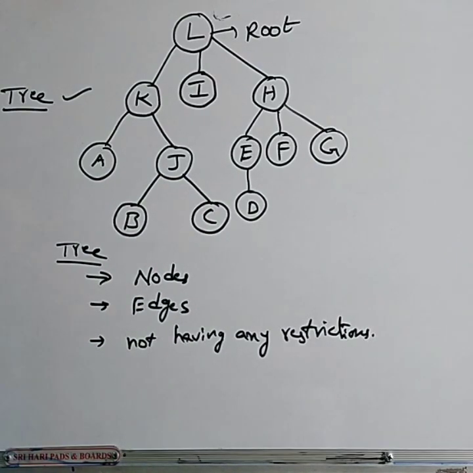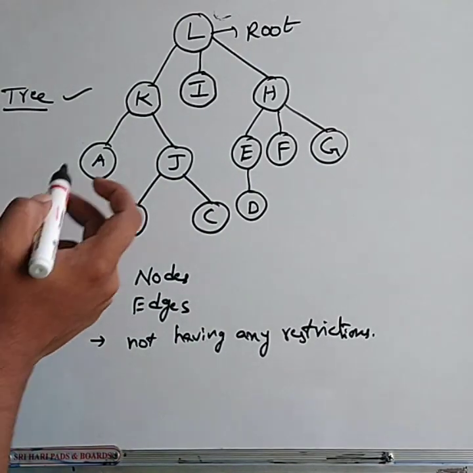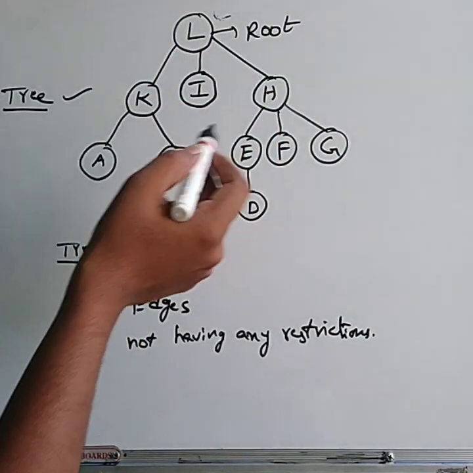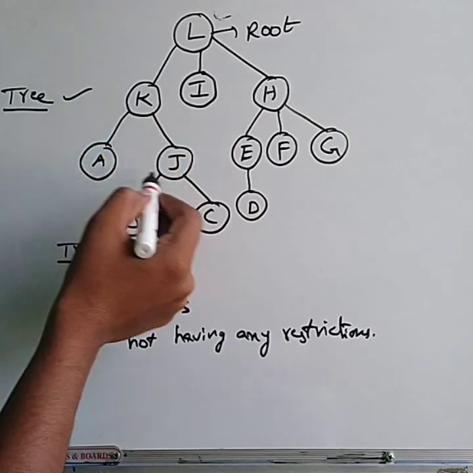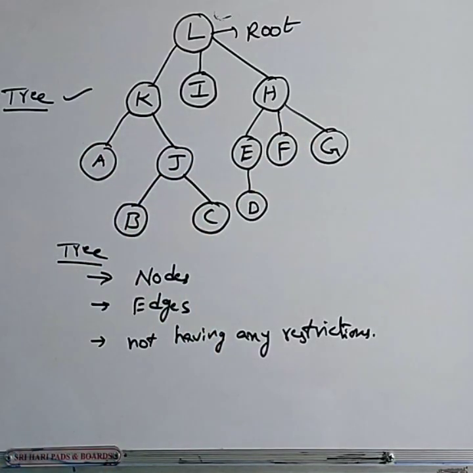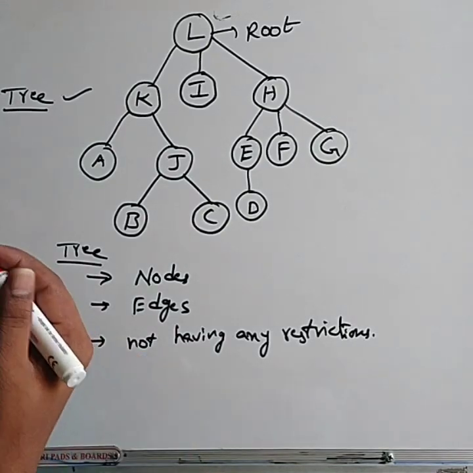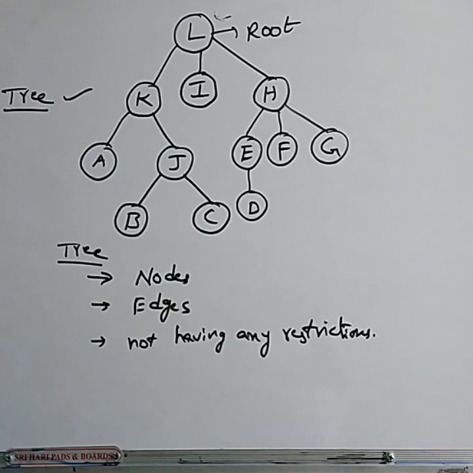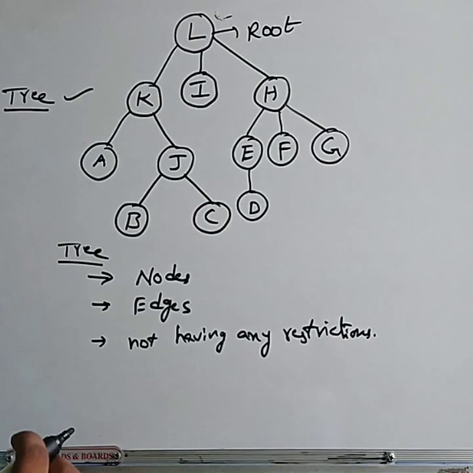From this figure, the root has three children, K has two children, and H has three children. That means there are no restrictions, so it is a tree. Tree in the sense that there are no restrictions. You can add any number of nodes at any position. There are no proper rules and regulations to construct a tree. I think that is fine.